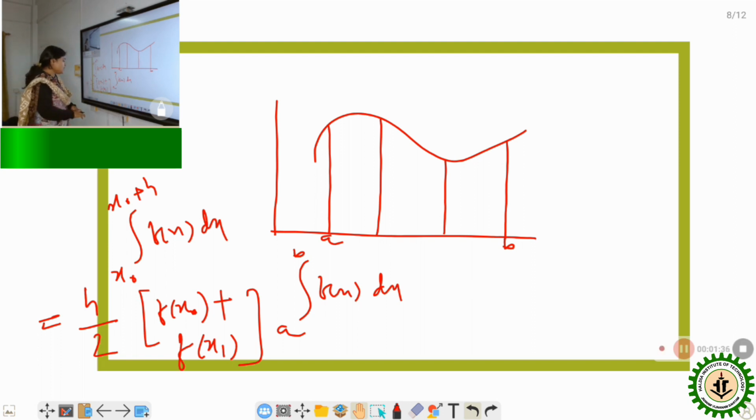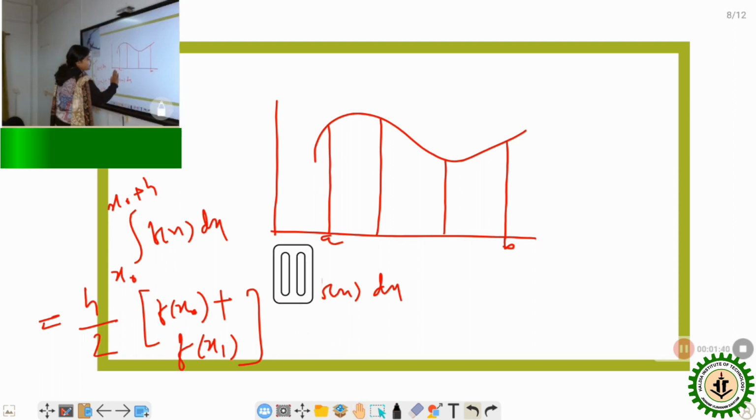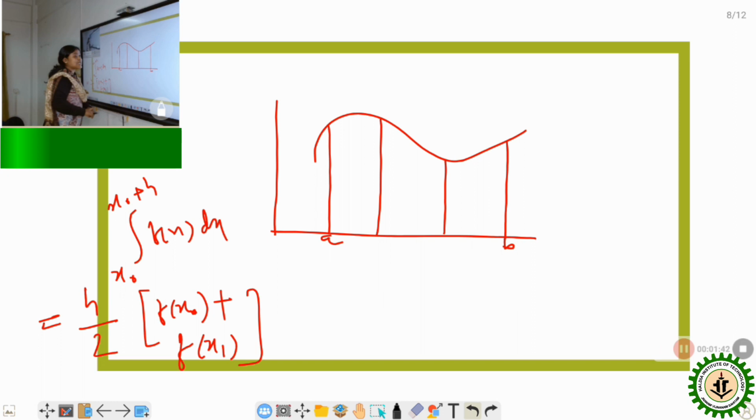If I remember the area of a trapezium, what we know is that the area of a trapezium is the sum of the lengths of the two parallel sides into the distance between the two parallel sides, divided by 2. Here, these are the two parallel sides. The length of this is f(x0), the length of this side is f(x1).